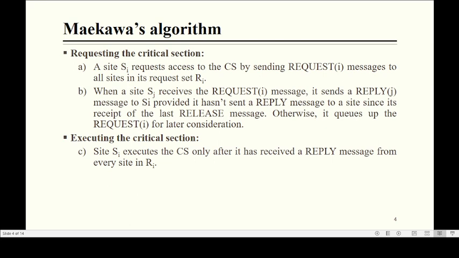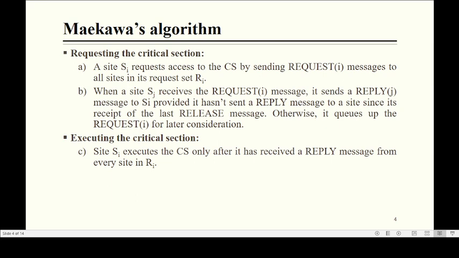Due to the intersection property, quorum A contains at least one site that is common to the quorum of every other site. These common sites send permission to only one site at any time. Thus, mutual exclusion is guaranteed. Here, the minimality property ensures efficiency rather than correctness.